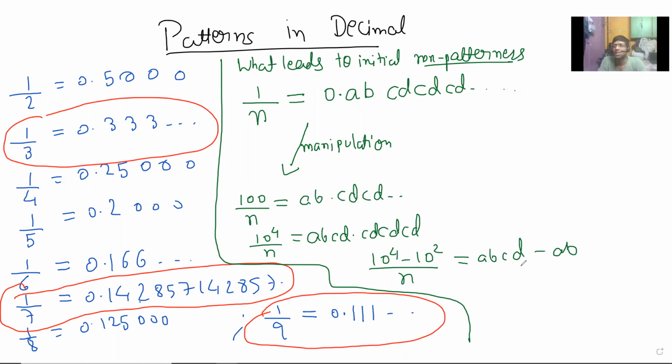Now, what can you say about n? Is there anything that we can say about n? I don't know if you can say or not. So there's 10 square minus 1.